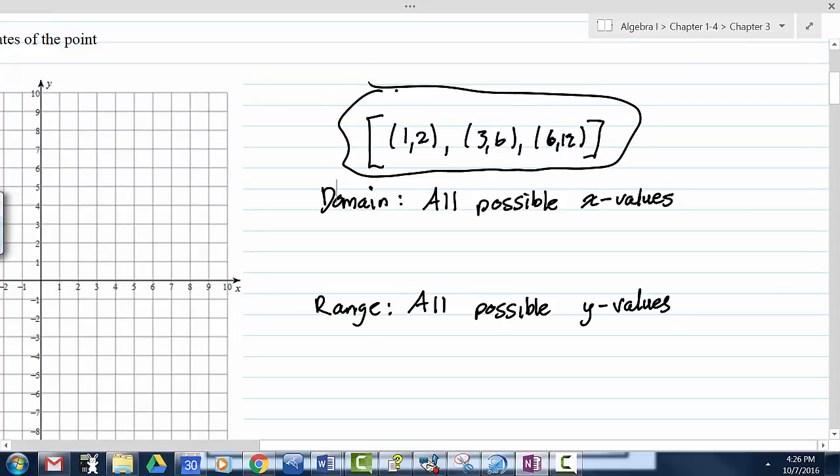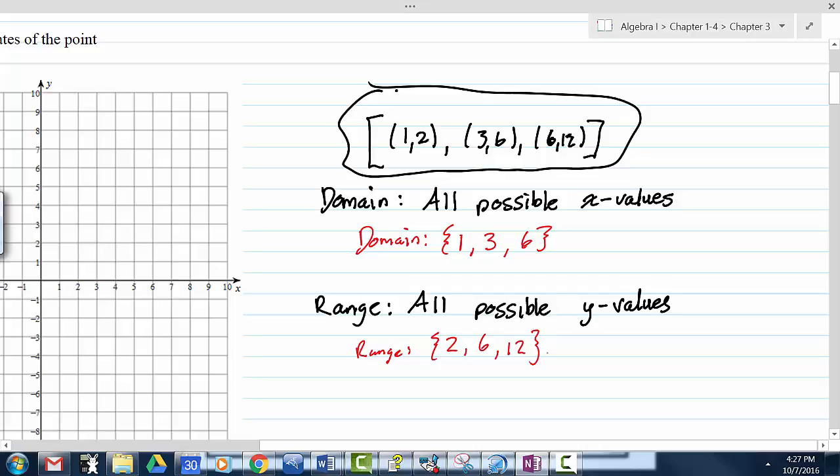Now, the domain of that would be 1, 3, and 6, right? The range, though, would be 2, 6, and 12.